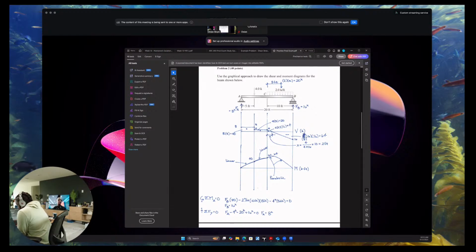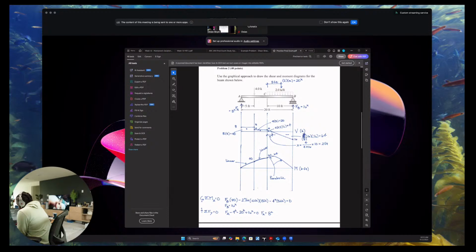So FB times 20, force speed times 20, minus 2K, so we're really going in front 2 kips per foot, times the distance of 10 feet. And because that load is distributed over 10 feet, that's the shear.